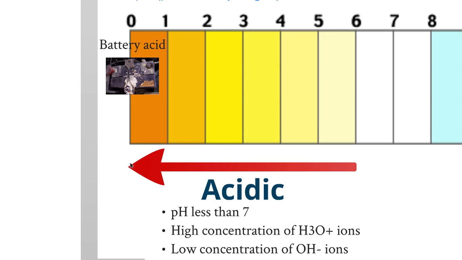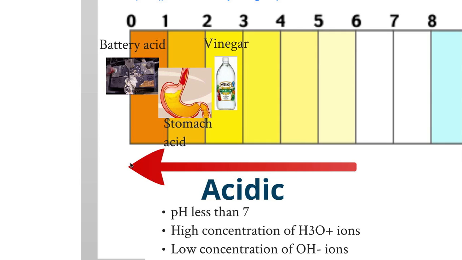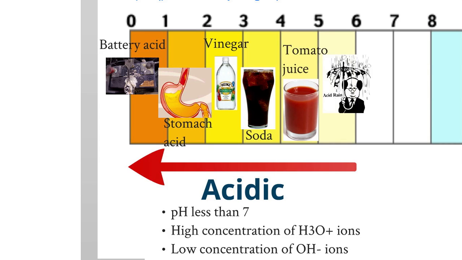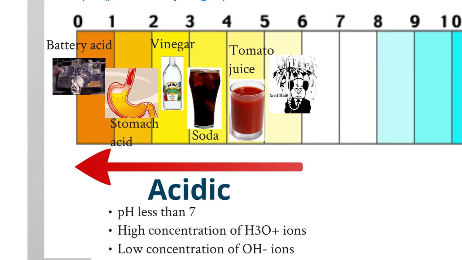It's extremely acidic, which means it has a lot of H3O+ ions in solution. Stomach acid is very acidic, pH of 1. Vinegar, pH of 2. And here's a couple more substances with their respective pHs. Acid rain has a pH of 5-ish, or around 6.